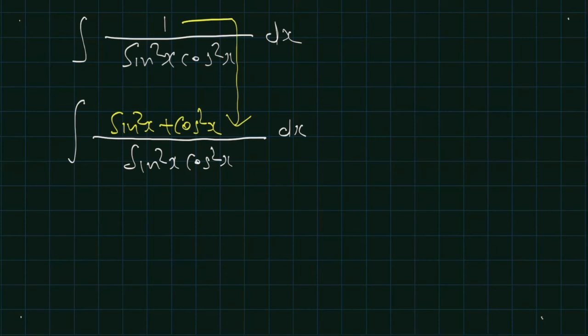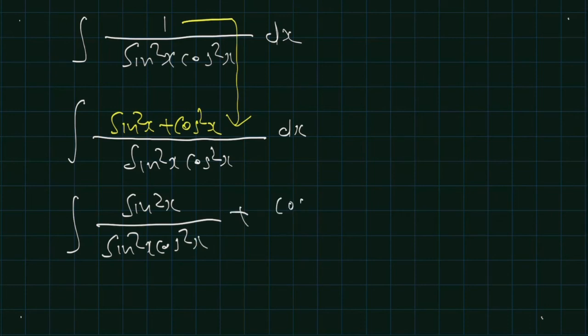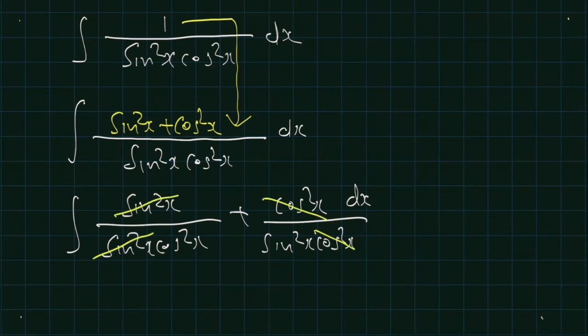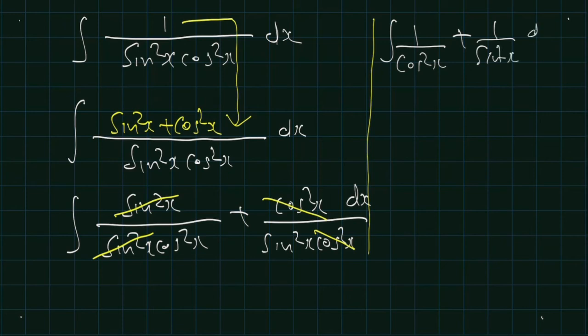So what next? Next is now very easy. We do sine square x upon the denominator separately and cos square x upon the denominator separately. We can very easily cancel out sine square x from the first part and cos square x from the second part. So we are just left with integration of 1 by cos square x plus 1 by sine square x dx.